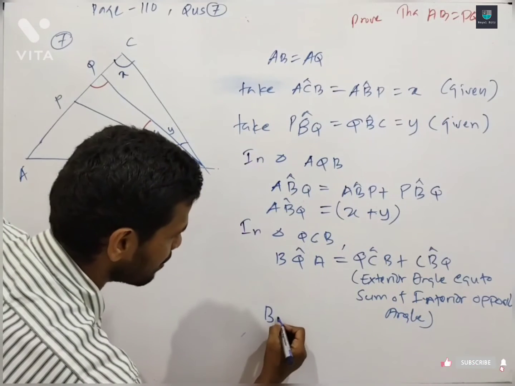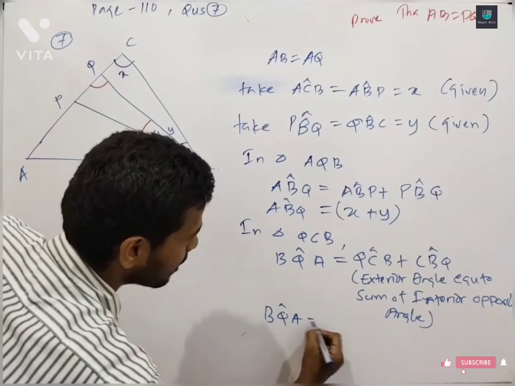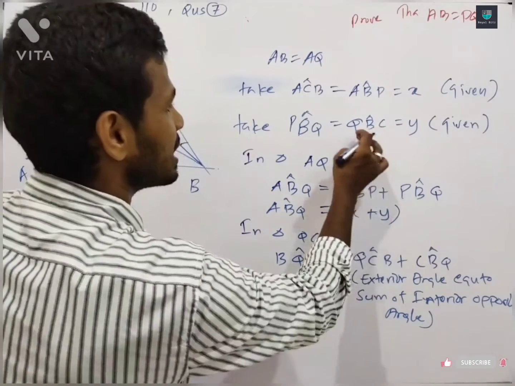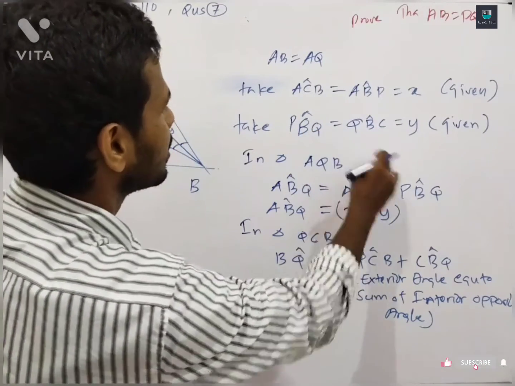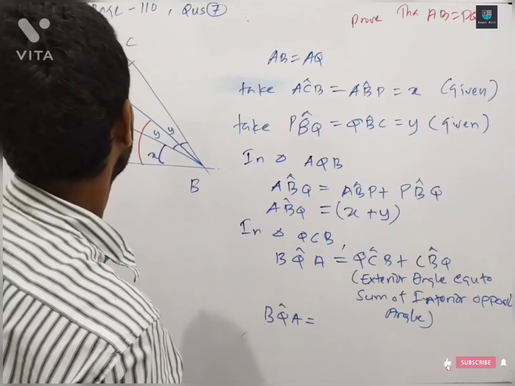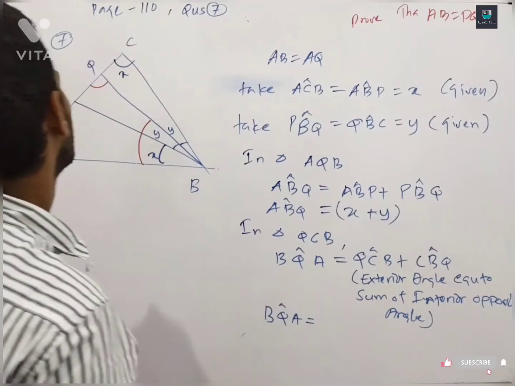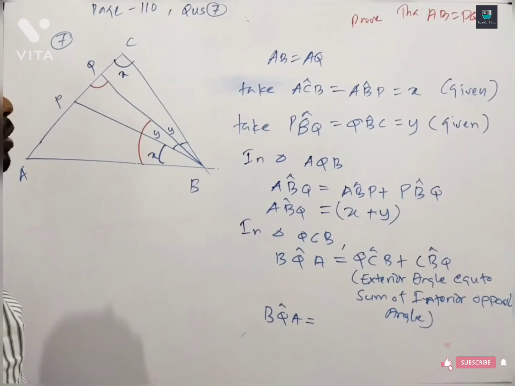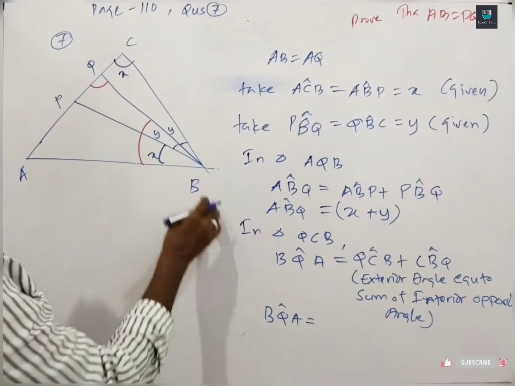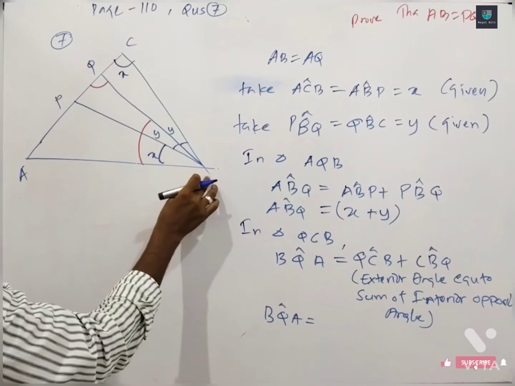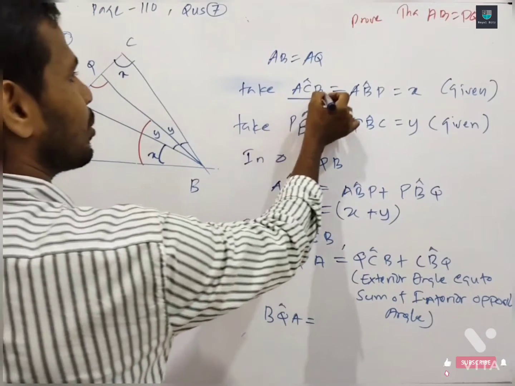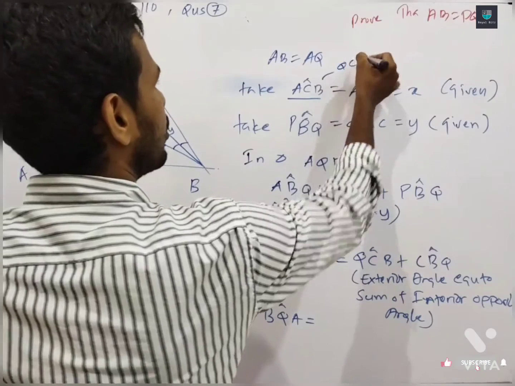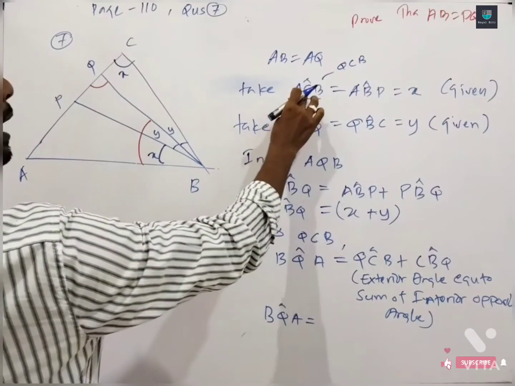So now tell me QCB. Where is QCB? Okay, we don't know QCB. Where is QCB? QCB is this also equal to ACB. Yes or no?